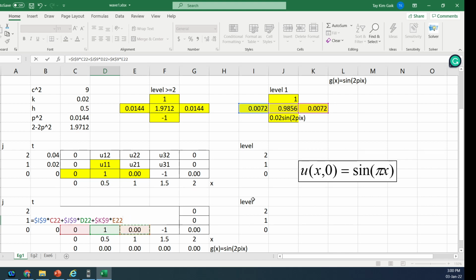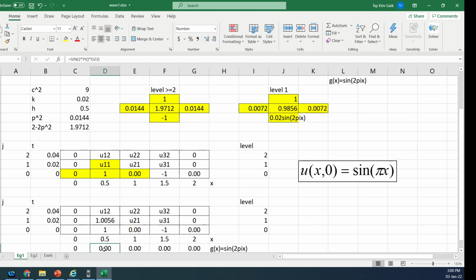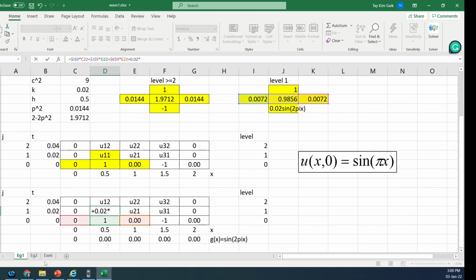Then add up K, which is 0.02, times sin 2 pi x, which I already calculated here. If we use Excel, you see.